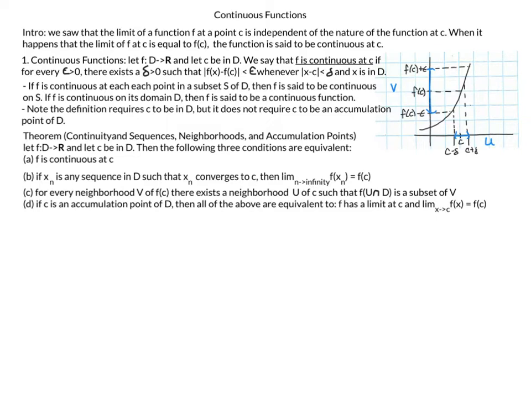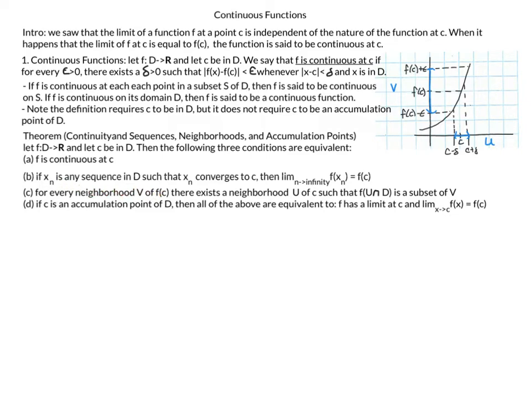The next equivalent concerns neighborhoods. This is how continuity relates to neighborhoods. For every neighborhood V of f of c, here I have drawn f of c, and in blue, this V is a little neighborhood around f of c. I can make it arbitrarily small, so my epsilon can be very small because it says for every neighborhood.